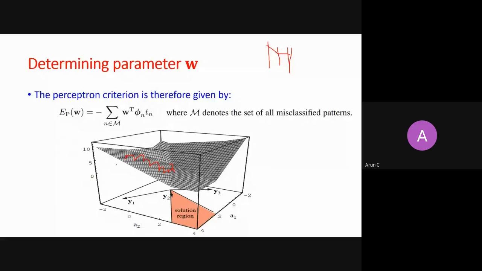And we have discussed how it is piecewise linear, because now you are taking only those points which are misclassified, and because it is misclassified, this quantity is always negative, right? So you sum up all those negative numbers and multiply it with the negative, you will get a positive number.